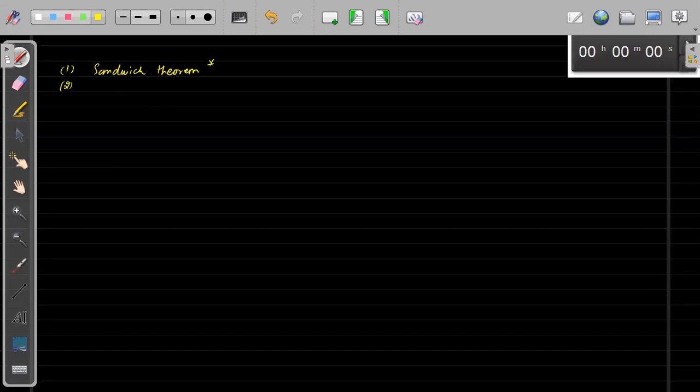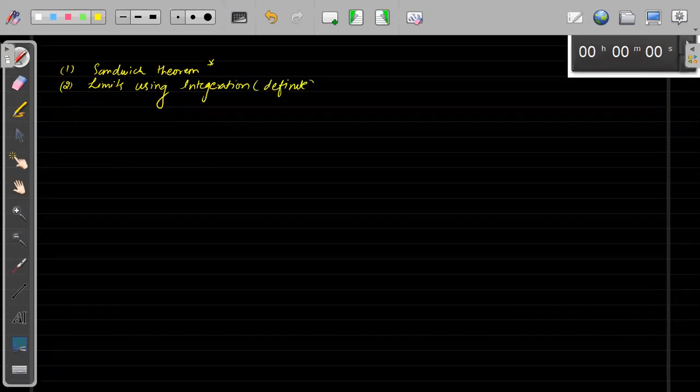Second, very important form from your JEE Advanced perspective, is finding limits using integration. This is definite integration. These two are the most important forms from the perspective of JEE Advanced.